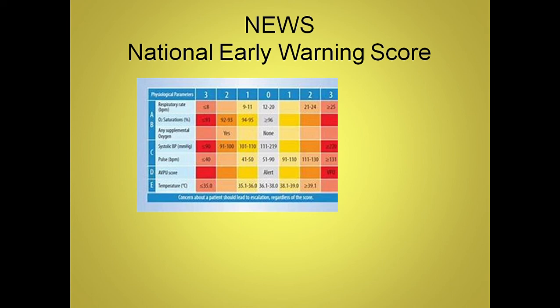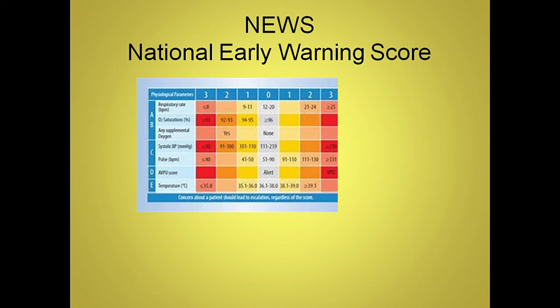On the respiratory rate, they agree with us, 12 to 20 is normal. But if we look at the SpO2, they're actually saying that 96 and above scores a 0. In fact, if they have an SpO2 of 94 or 95, they score a point on the NEWS score, where we would count that as being normal.